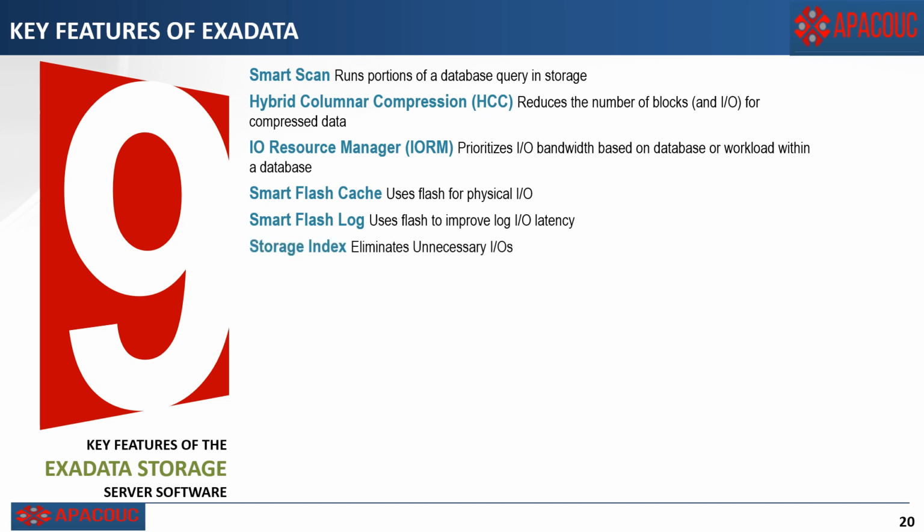Storage Index eliminates unnecessary I/O by describing regions on the disk with minimum and maximum values. When you are searching for something, you check your value against this minimum and maximum, and if it's not between them, then you skip this region from reading.